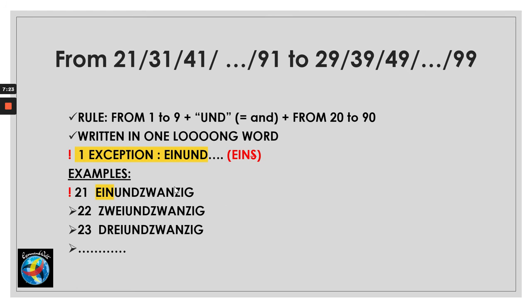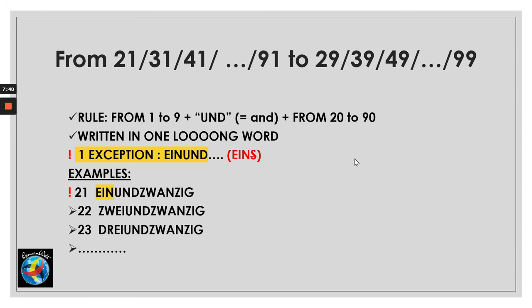Please note that for 6 and 7, like 26, 27, 36, 37, this time you have the full number 6 and the full number 7, not like what happened with 16, 17, 60 and 70.